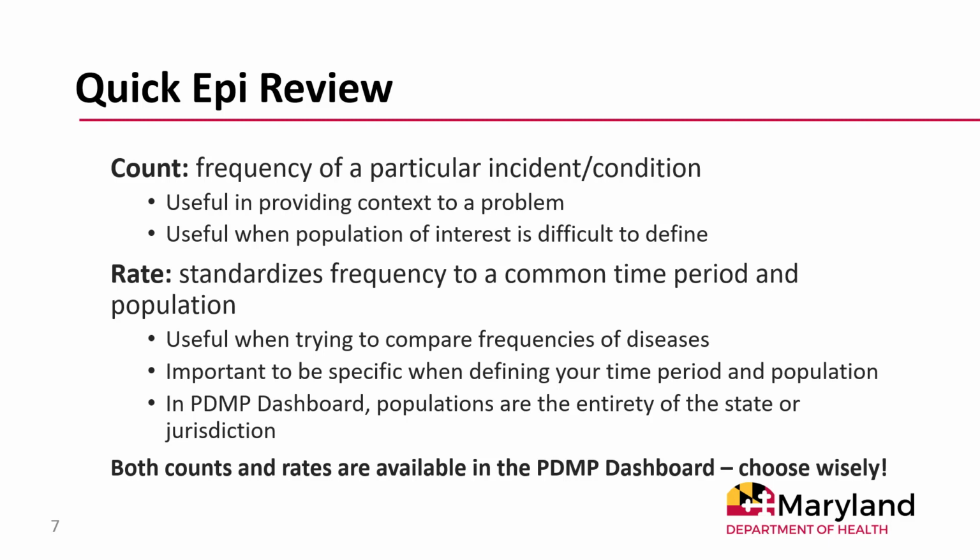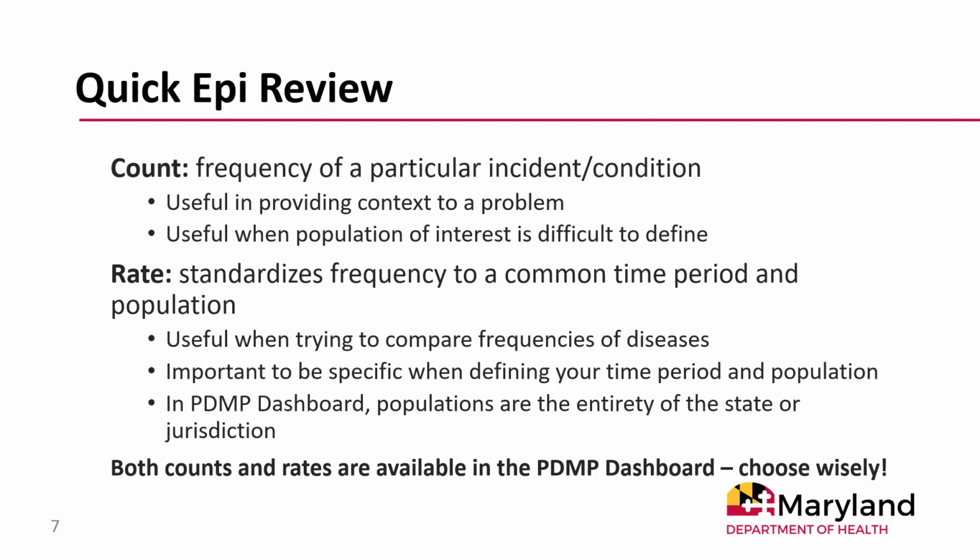Let's take a quick EPI review. Count is frequency of particular incident condition. It's useful in providing context to a problem. It's also useful when population of interest is difficult to define. Rate standardizes frequency to a common time period and population.